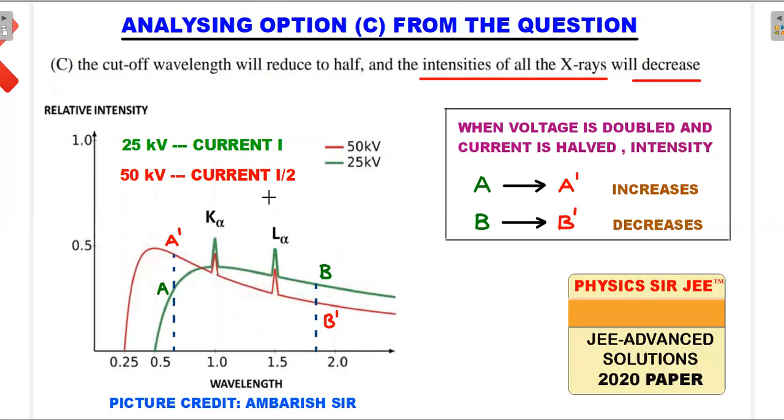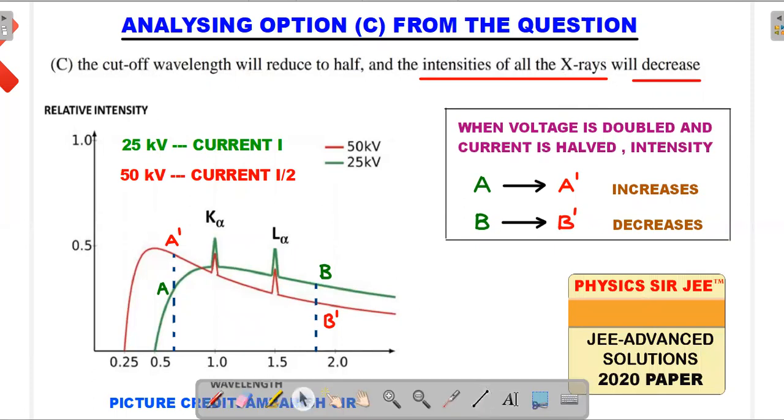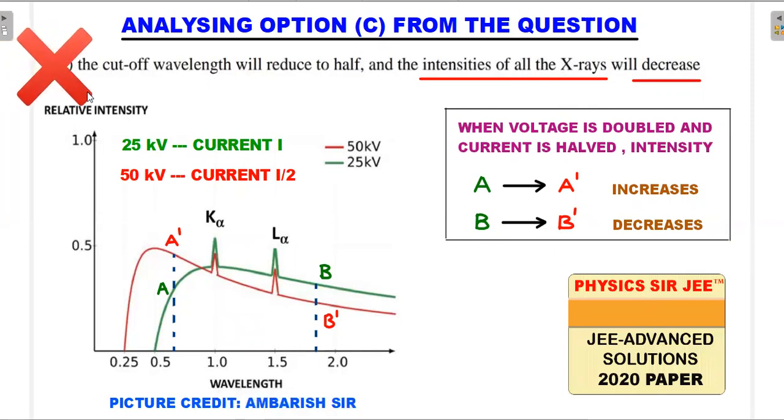But if you make 2 changes, there is a chance that the graph actually gets intersected, and that's a conceptually proven fact, experimentally proven fact, I should say. So there is no guarantee that all the intensities of X-rays will decrease. So this option, which was originally given, is supposedly a wrong option. Let me put it here.